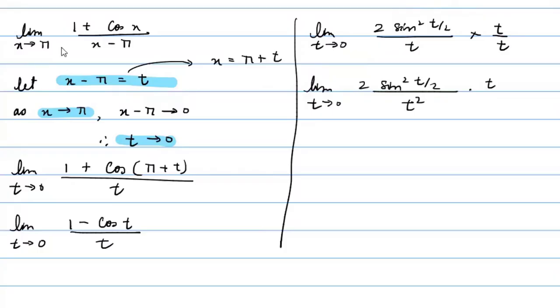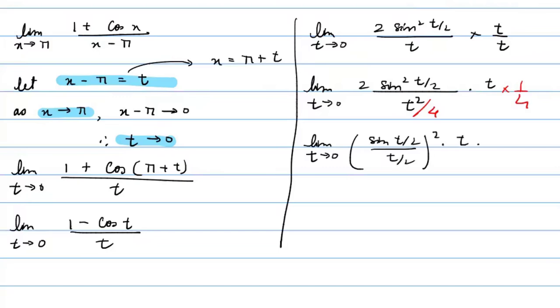And let that t be on top. To match the angle, we need a 4. So therefore, there is a 4 here as well. So this is limit t tends to 0, sine t by 2 the whole square. This is t. And this is 1 by 2.